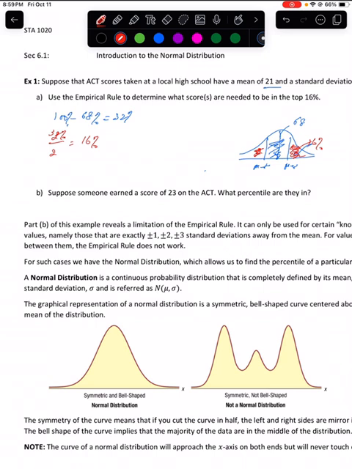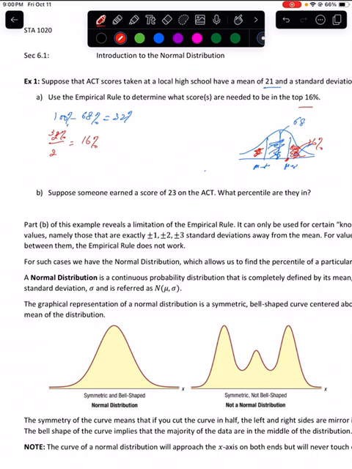We wanted to find this number so that the area to the right of it is 16%. We say area, but it is kind of the same thing as the percentile.